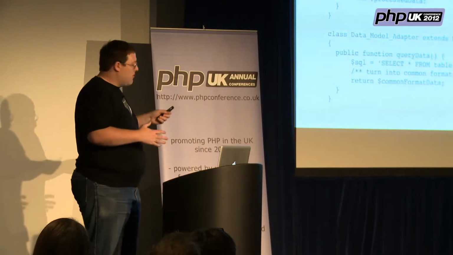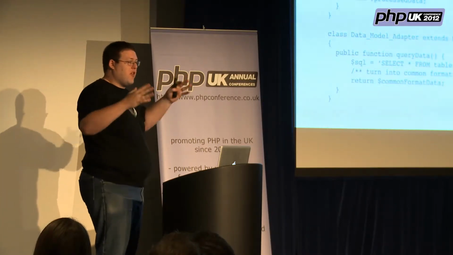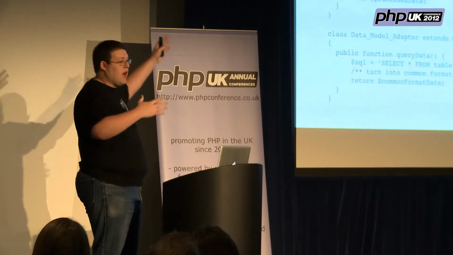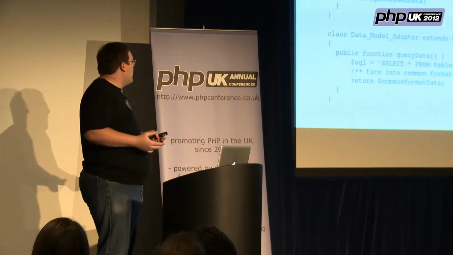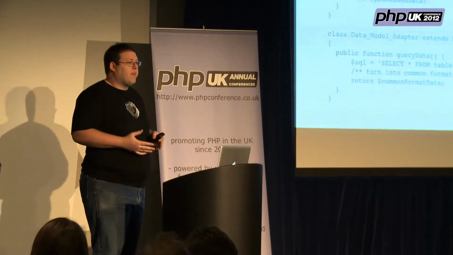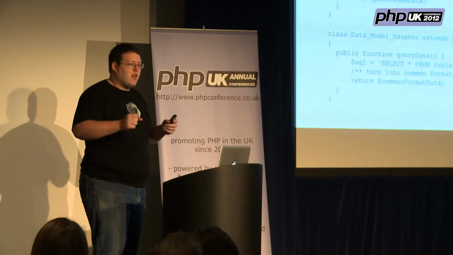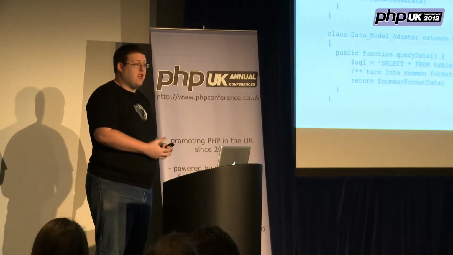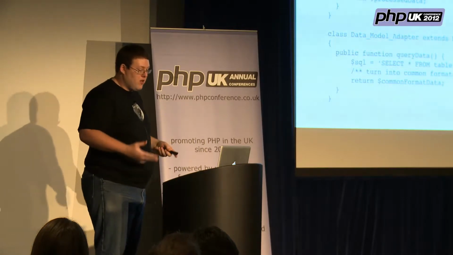I prefer to use two steps in a model, and this is abstraction within the layer itself. The first one is to have your data model, which models whatever it is that you're modeling. And then it uses an adapter. And this adapter, all it does is take inputs, find the data, and return the data to the user in some commonly agreed upon format that can be used.